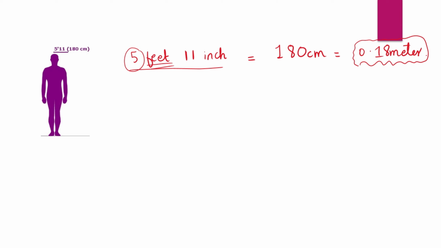So usually we use those units which are appropriate in our case, because the lengths of these units are different for different objects. We will use the unit which is more convenient for us. In measuring height, we can easily use 5 feet 11 inches. We don't need to say 180 centimeters. Although we can say that, 180 is a much bigger value, so it is easier to say 5 feet.